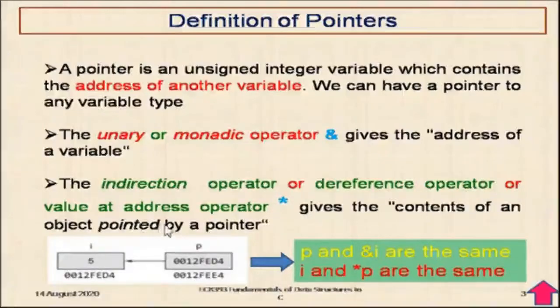Data at address operator or contents of an object pointed to by a pointer. Star P. In the pointer variable P, the address is available. Star followed by the pointer variable will get us what? The data available at the address held by the pointer variable. So star P will get us the value 5. Hope you are able to understand, right? So with this, let us move on further.